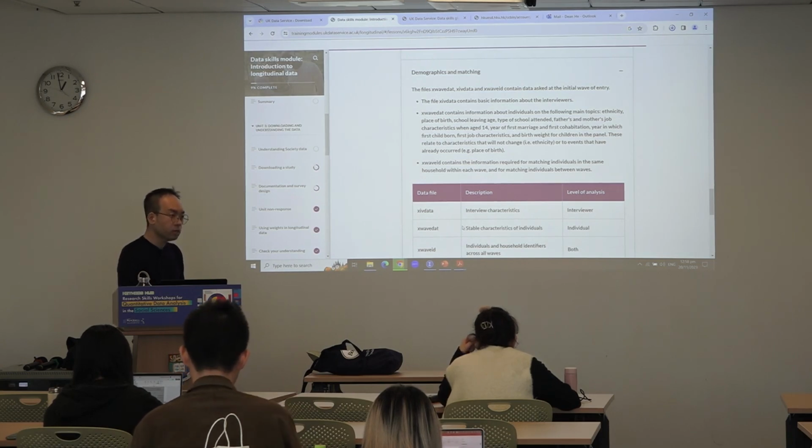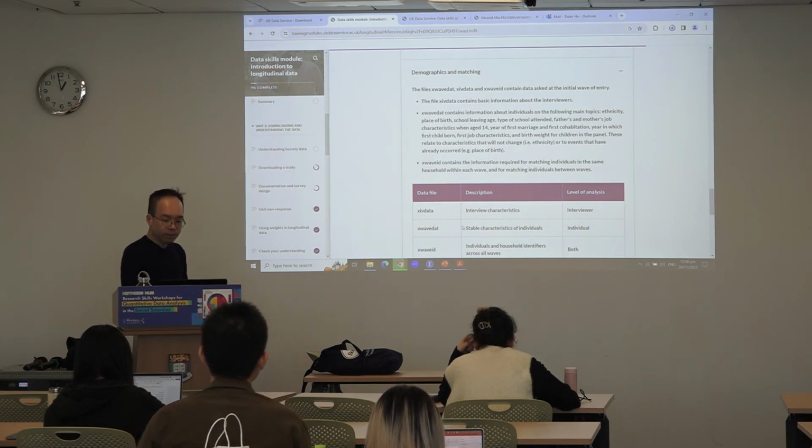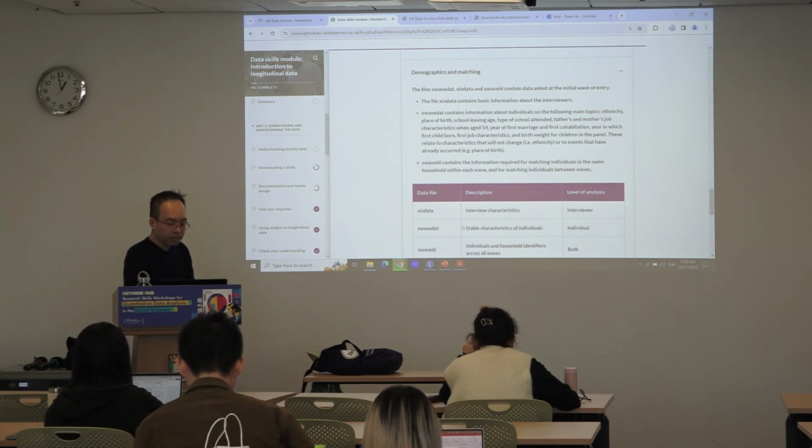There are also different ways of looking at your marriage status. Like this one looks at marriage and cohabitation status, year in which first child is born, job characteristics, birth weight for children in the panel. You may not need all of them, but they could be very helpful in shaping the research questions.